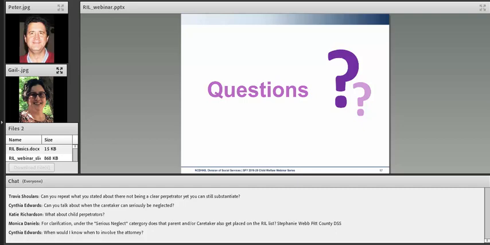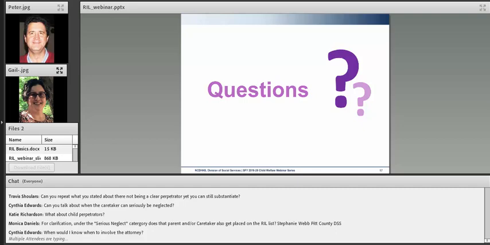So someone, Cynthia, is asking, when would I know when to involve the attorney? Well, you're going to have to ask your director, but I believe that any decision about this should be staffed with your attorney, just like if you're going to file a petition.